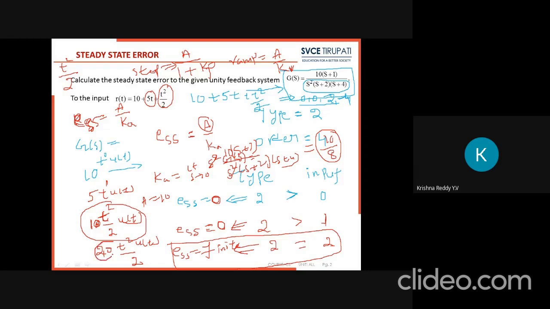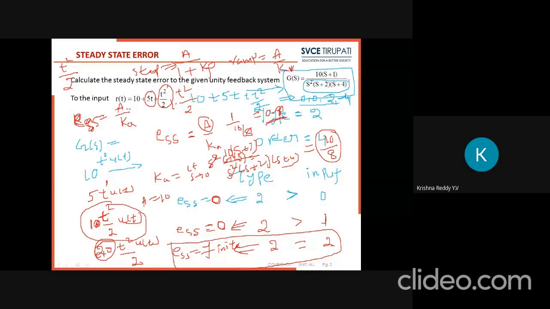During this case, the A value is 40. But in the problem, we are taking only t square by 2, so its multiplication value is 1. That's why A divided by Ka value is 1 divided by 8, finally we are getting the steady state error value as 0.8.